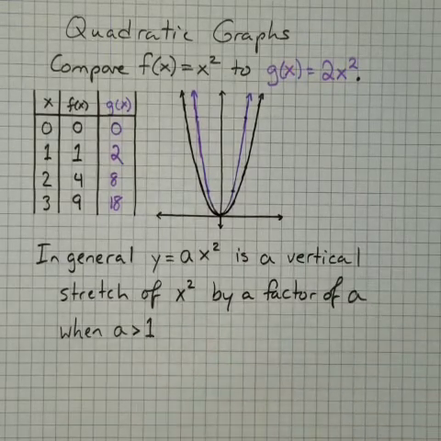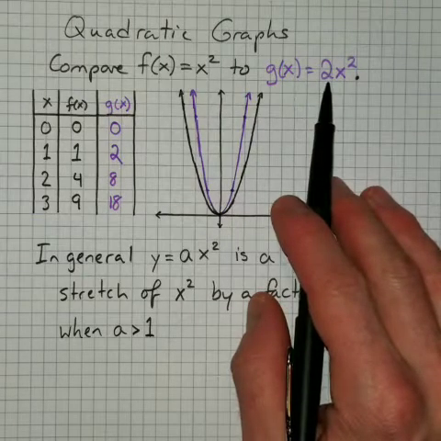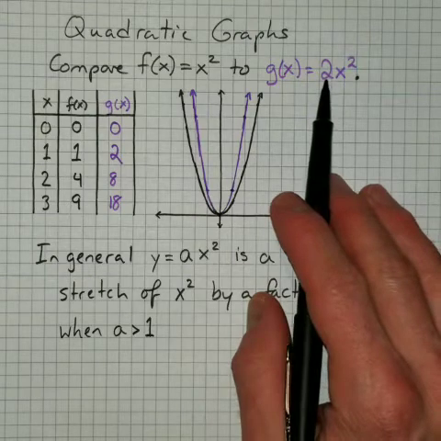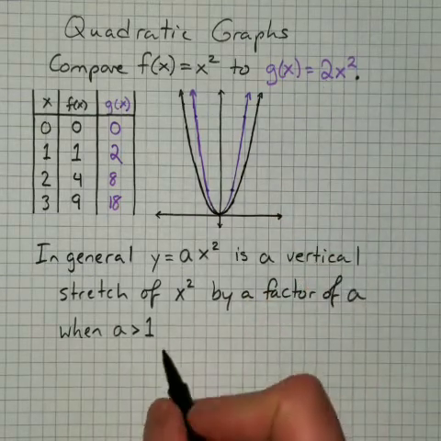Okay? So as long as this a value, a is the coefficient, is bigger than 1, like 2 or 5 or 10, you're going to get a vertical stretch. Okay?